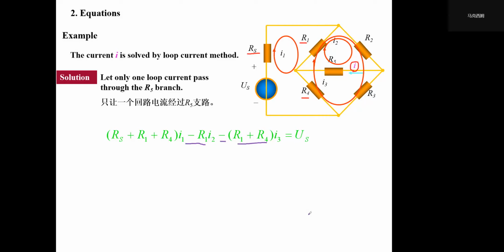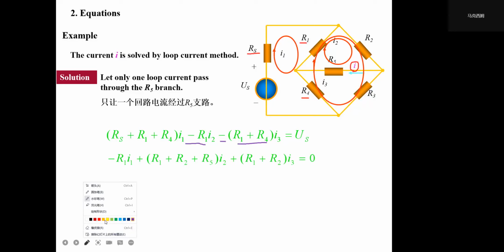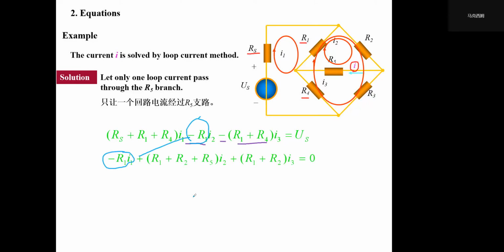And loop 2 is very simple. We just copy this here. For loop 2, we have a self-resistance of R1, R2, and R5.